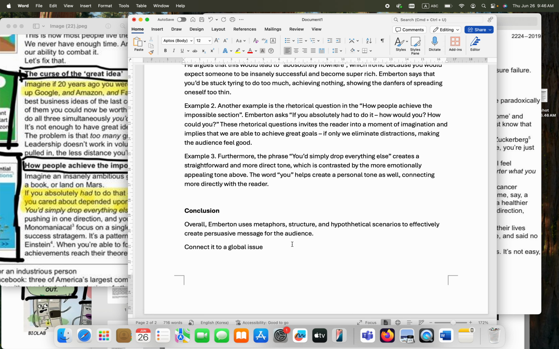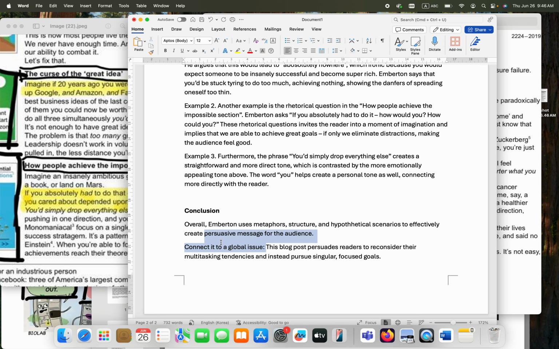So we can connect it to a global issue by saying this blog post persuades readers to reconsider their multitasking tendencies and instead pursue singular, focused goals.